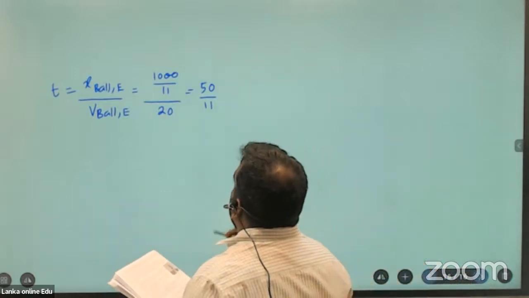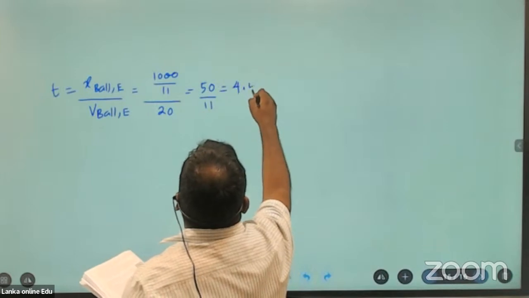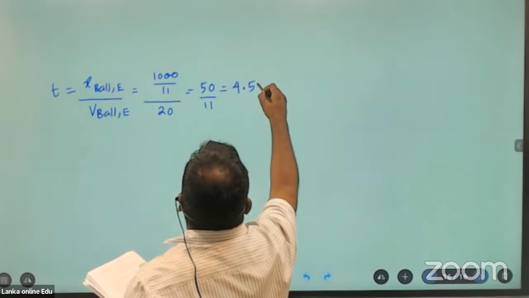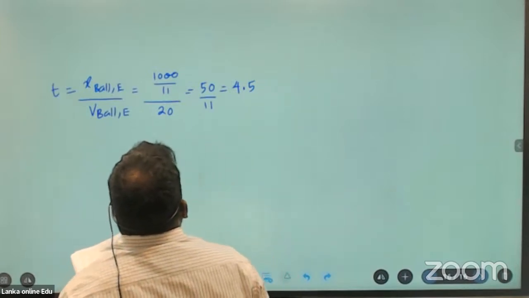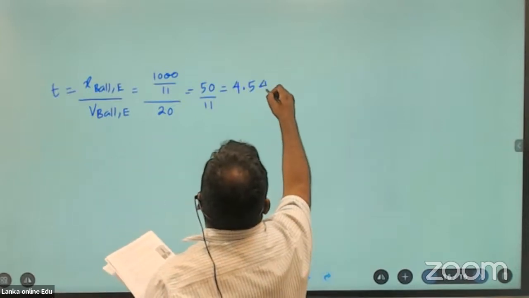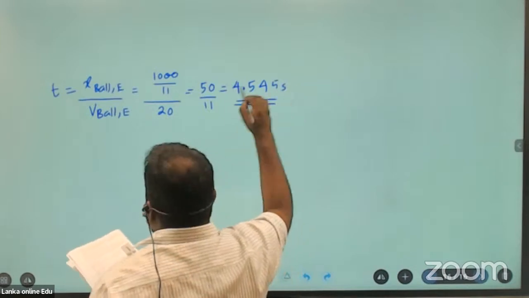So if you do the simplification, 4 point, for 60 you have 5, 50 you have 4. Again 5, recurring. Time taken found.